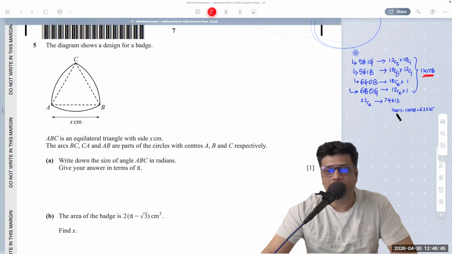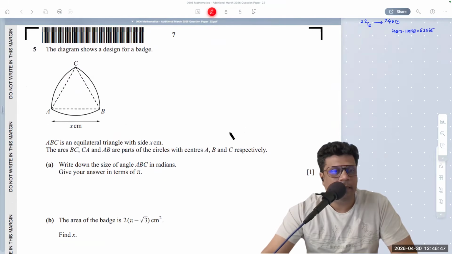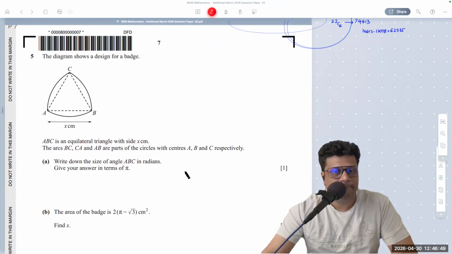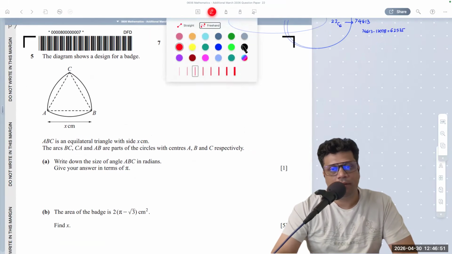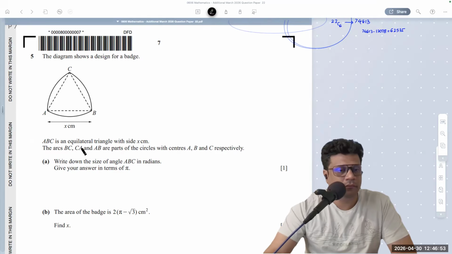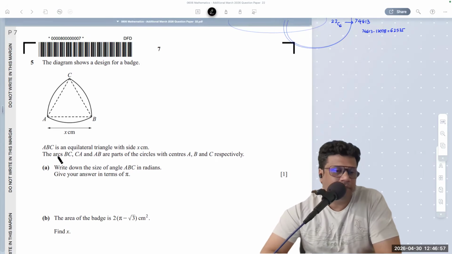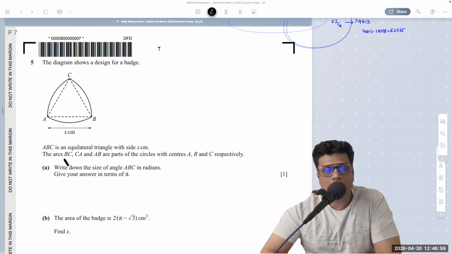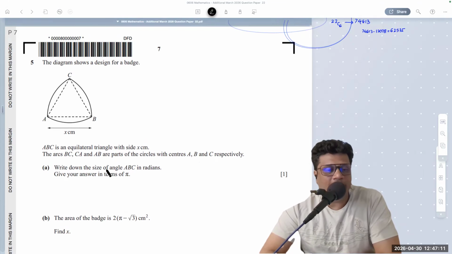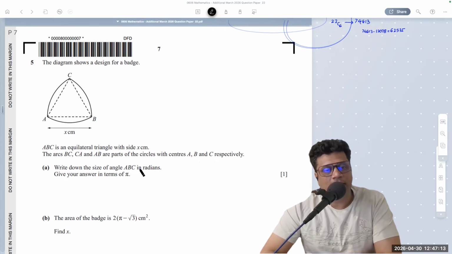Okay, circular measure. ABC is an equilateral triangle. Arcs BC, CA, and AB are parts of the circles with centers at A, B, and C. Write down the size of the angle in radians.